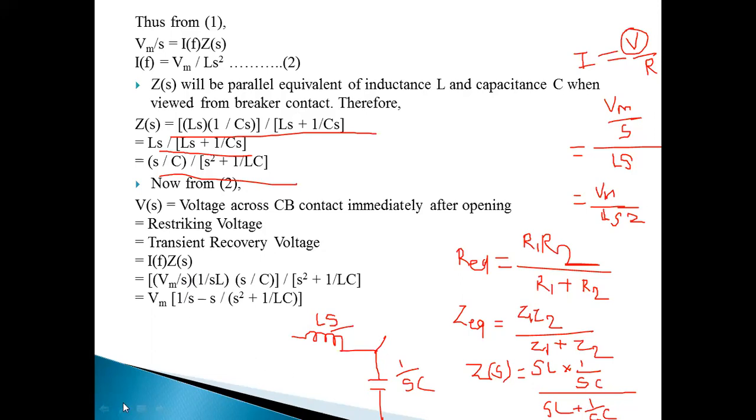I'll show you, just wait here. This I of F is equal to Vm divided by LS square.